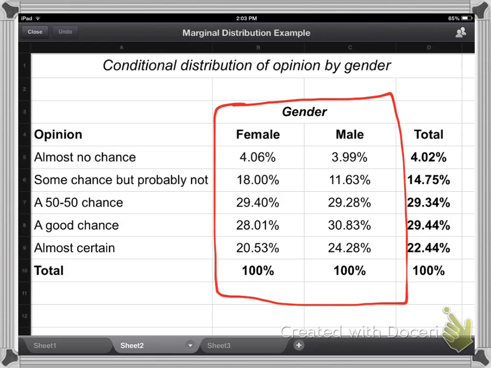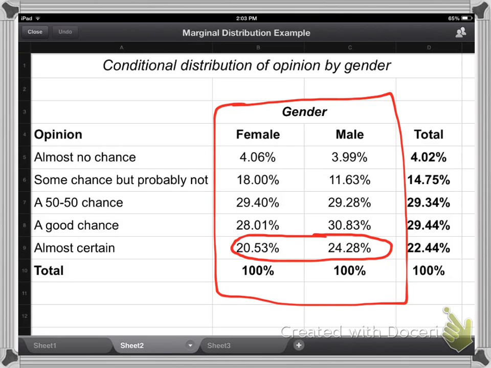Let's keep going down. Notice almost an identical percentage of men and women said they thought they had a 50-50 chance. Slightly more men than women thought they had a good chance of becoming rich. And a relatively significant percentage of men over the women said that they were almost certain.